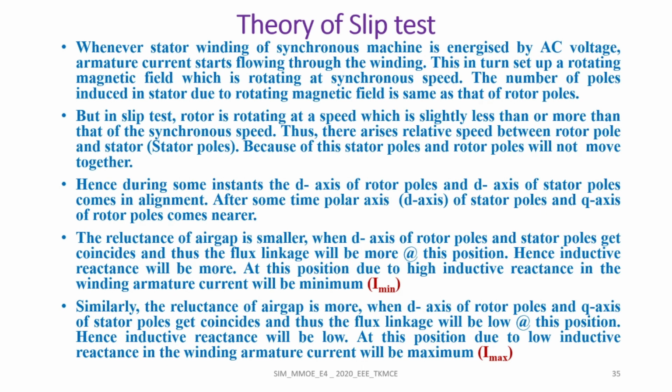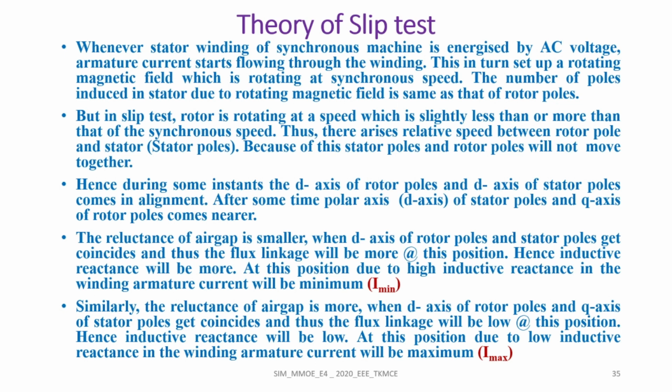If air gap length is minimum, reluctance is minimum. If reluctance is minimum, flux linkage will be maximum. If flux linkage is maximum, inductance will be maximum. If inductance is maximum, reactance will be maximum. If maximum reactance is there, impedance along the direct axis will be maximum. If impedance is maximum, current will be minimum.